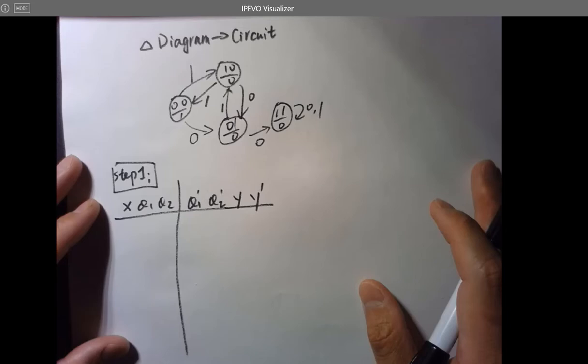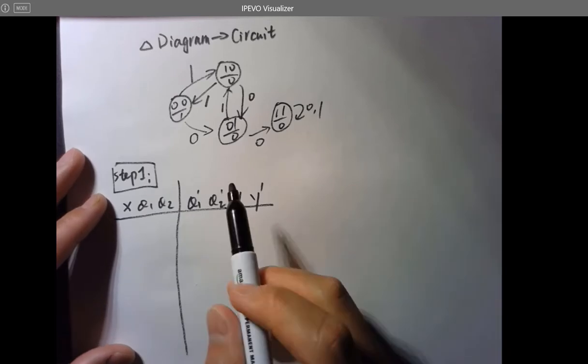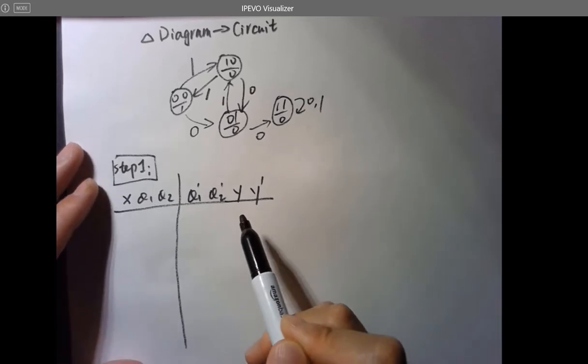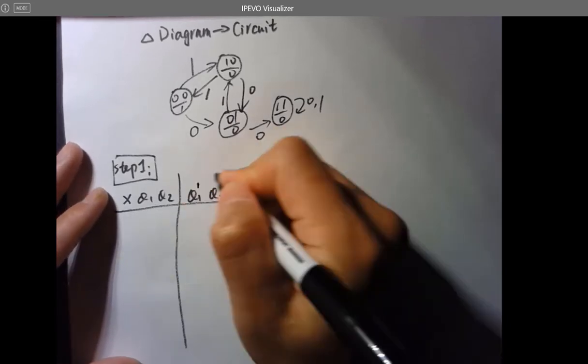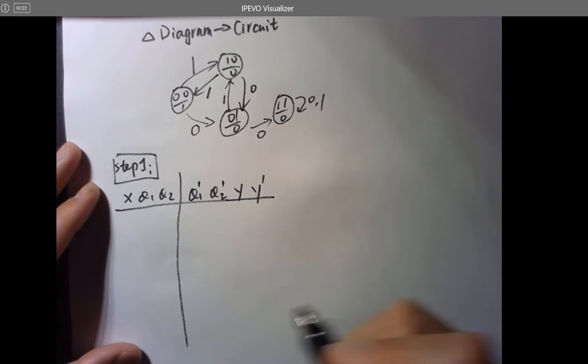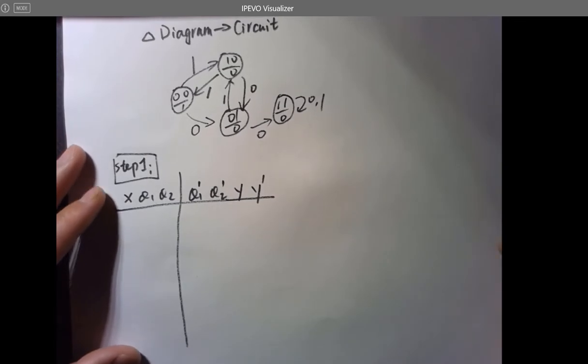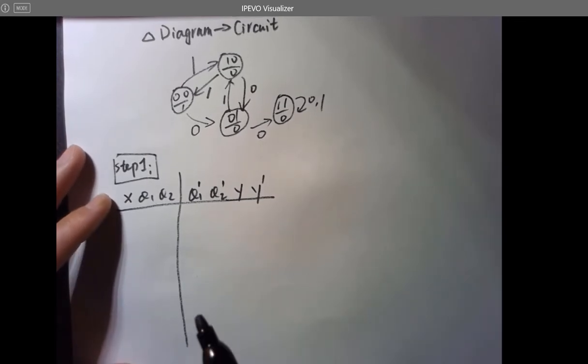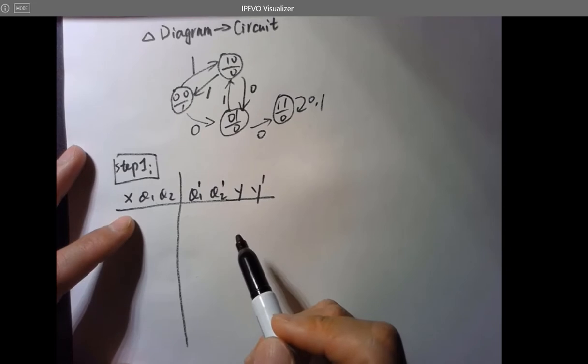And you must be wondering, hey, in the previous examples, we did a JK flip-flop, we did a T flip-flop, and you have a T here, a JK here, but why does this one not have the T and JK? The reason is that we are trying to use the D flip-flop.